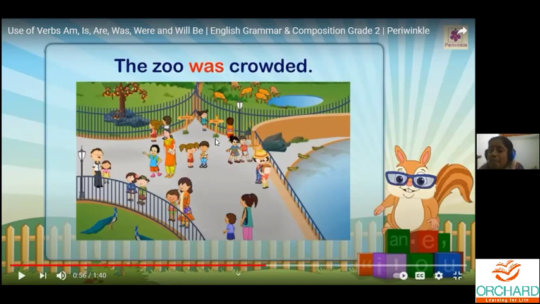See, am, is, are, we told, present tense, right? Now the zoo was crowded. What is it? Was crowded. We were at the zoo. What does it say? Can you tell me? Was and were you identified.